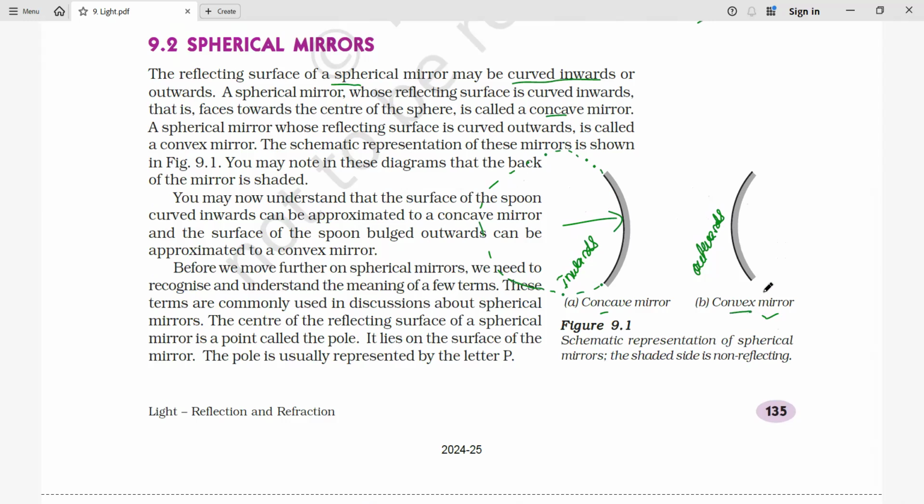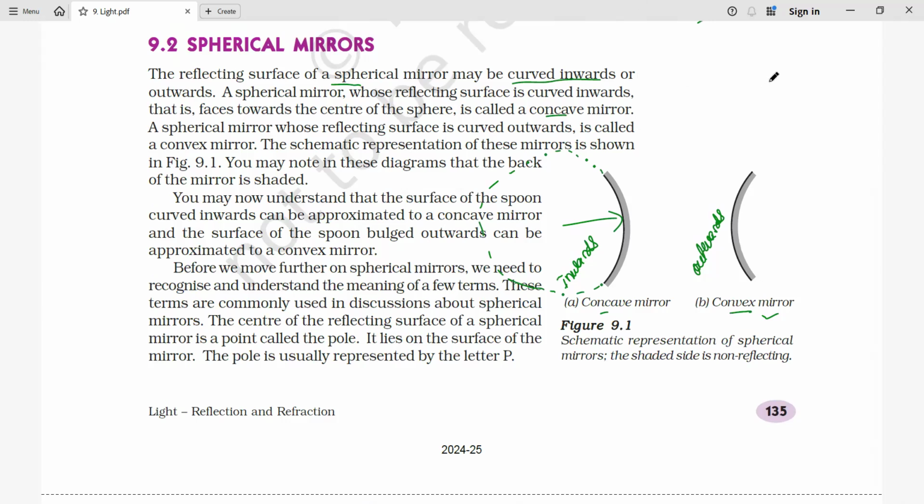Now on the basis of this, it should be clear. Concave: the reflecting surface bends inwards, like a cave. Convex: outwards. That shape is oval. Suppose, for example, you take a spoon.